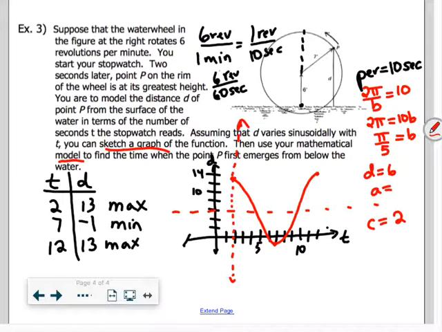But since it's starting up at the hill, my A is positive, and A is that distance from the horizontal axis either to your maximum or your minimum. So what's A? 7. All right, so I've got A, B, C. Oh, I've got it. Hey, we have everything. So here we go. This is y equals 7 cosine of pi over 5 times the quantity x minus 2, plus 6.